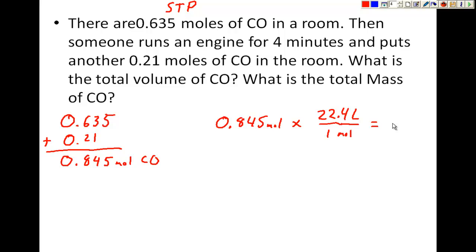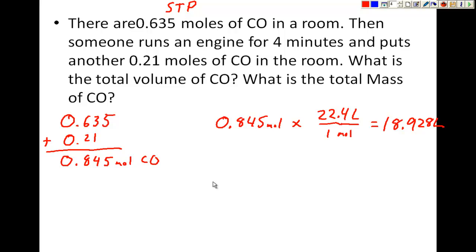So the first part of this question says, what is the total volume of carbon monoxide? So I'm going to go 0.845 times 22.4 equals, and I get 18.928 liters.